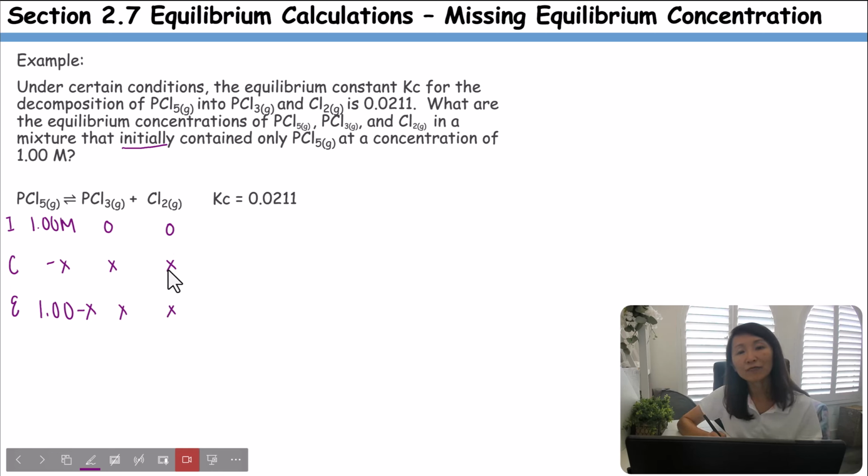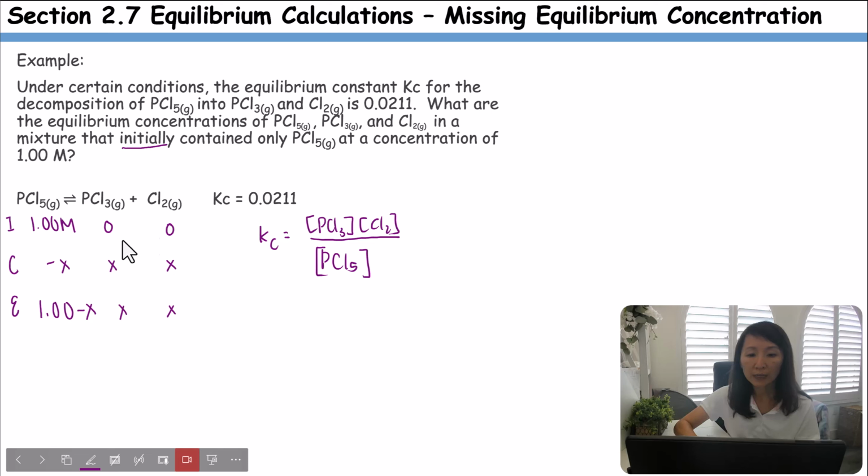Now let's go ahead and write the equilibrium concentration setup. So Kc is equal to the products, PCl3 and Cl2, all over the PCl5. Now that we have this, we can plug in whatever we know into this equation.